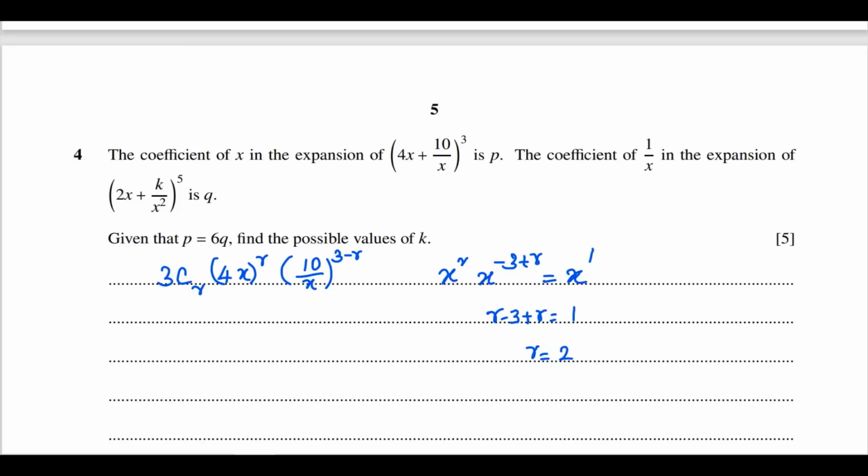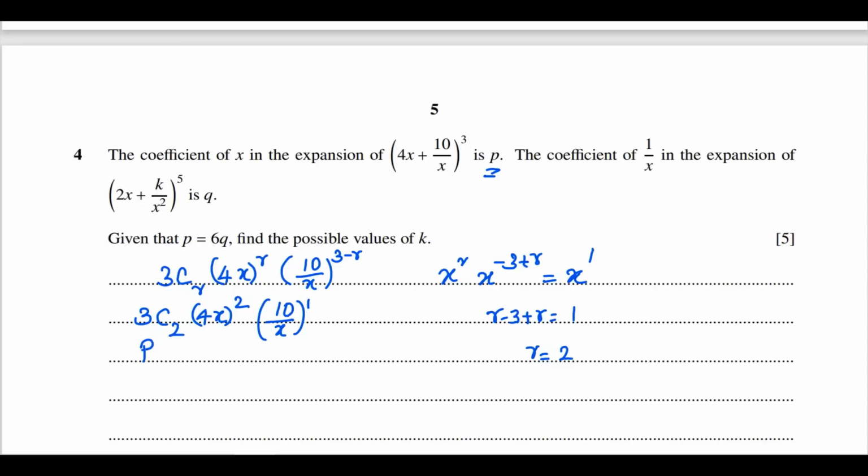So substitute r is equal to 2 in the expansion. So you will get 3c2 4x power 2 multiplied by 10 divided by x the whole power 3 minus r. 3 minus 2 is 1. Okay, so now you will get the coefficient of x, which is p.